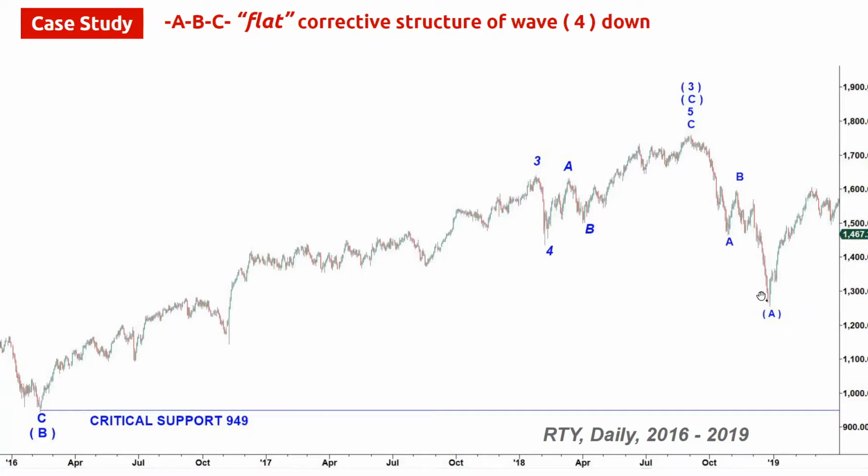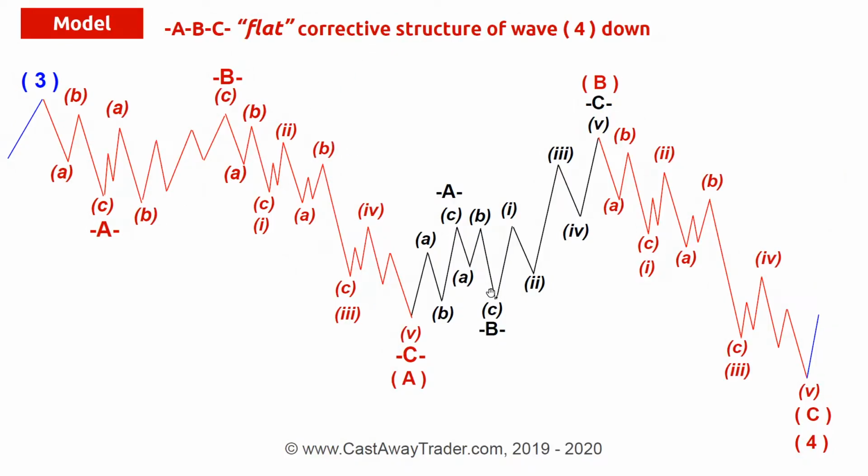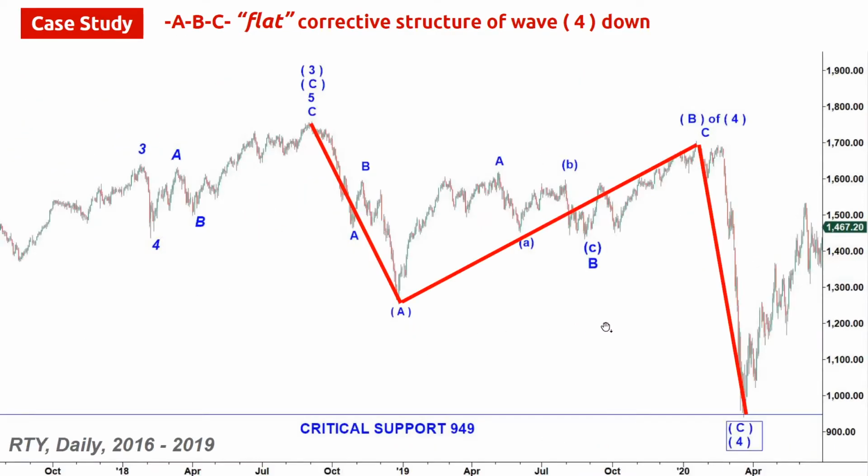But now we know that it was not wave 4 down, but was only the first leg down in wave A in that same flat corrective structure. So that was A, and then we got continuation of that move. So that was the first move. It was A, then it was B, and then it was C.